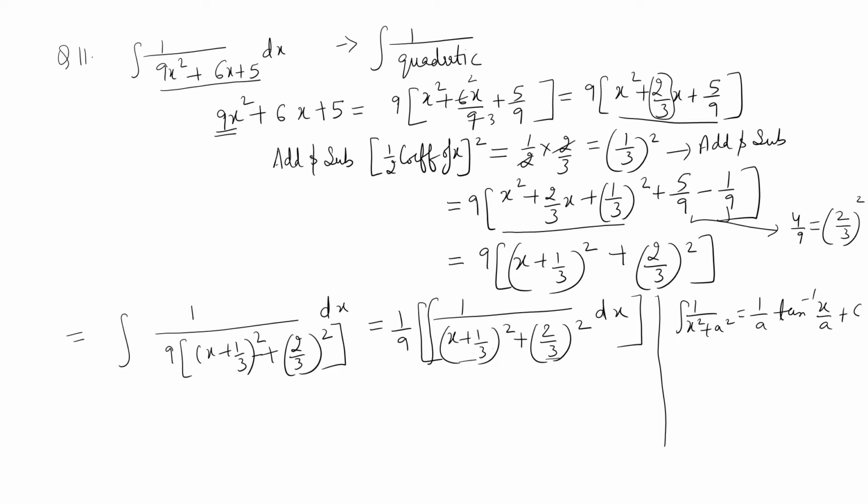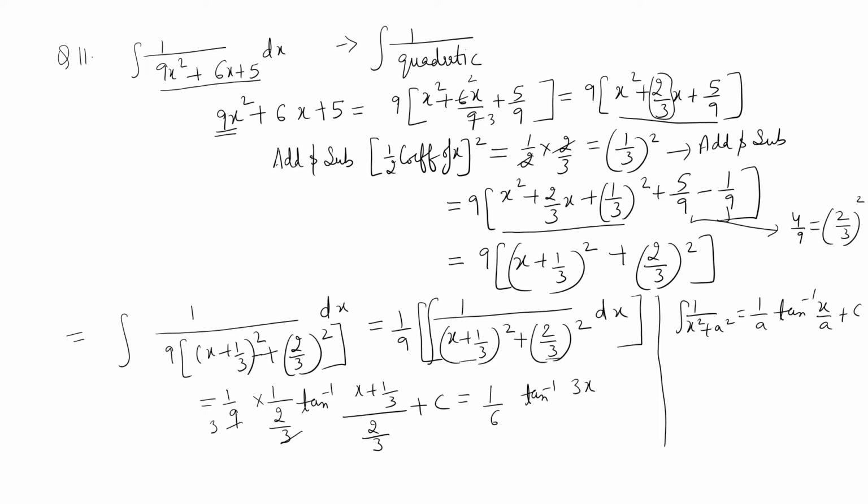So let us shift it to the formula. 1 by 9 is already there. So it is 1 upon a, that is 1 upon 2 by 3, tan inverse x upon a plus c. Let's do some cancellation. So it becomes 1 by 6 tan inverse, take LCM in the numerator and denominator as well.